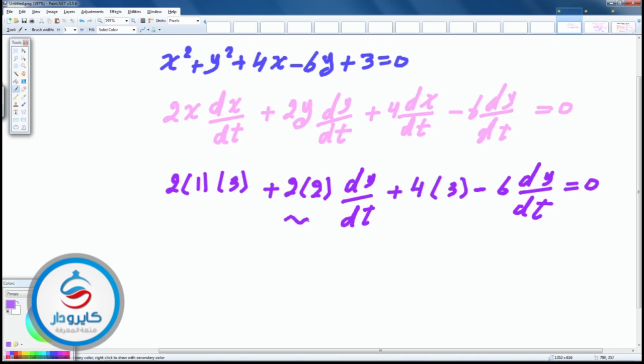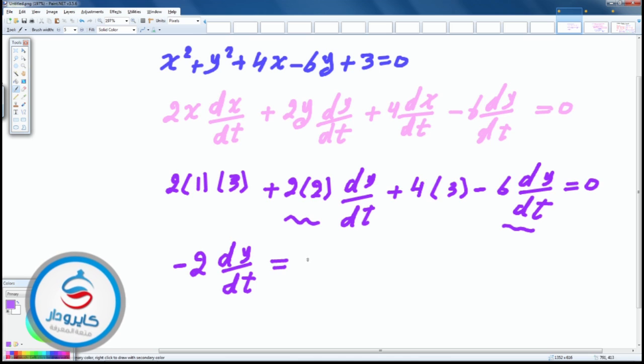Now we have to collect 4 dy over dt minus 6 dy over dt. We have negative 2 dy over dt. 2 times 1 times 3 equals 6. 6 plus 12 is 18. Move 18 to the other side, it will be negative 18.